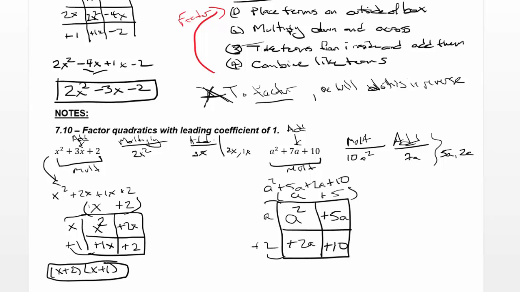And I check to make sure I did this right by making sure that this last box is the two numbers I just filled in. Plus 2 times plus 5 is, in fact, plus 10. So this tells me that what multiplies to make a squared plus 5a plus 2a plus 10 is a plus 5 times a plus 2.